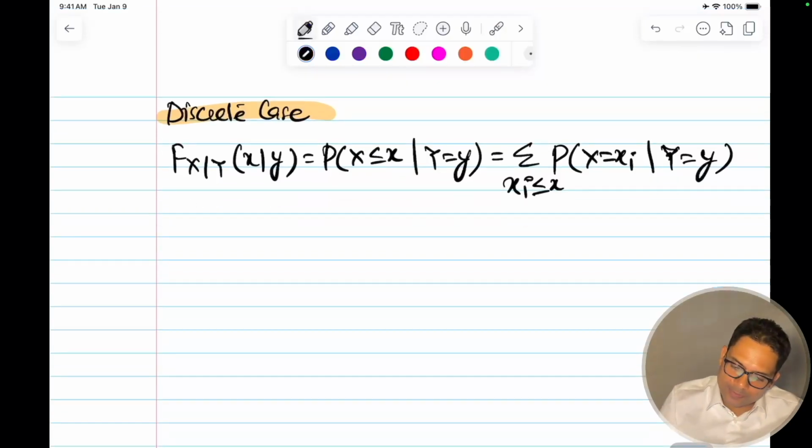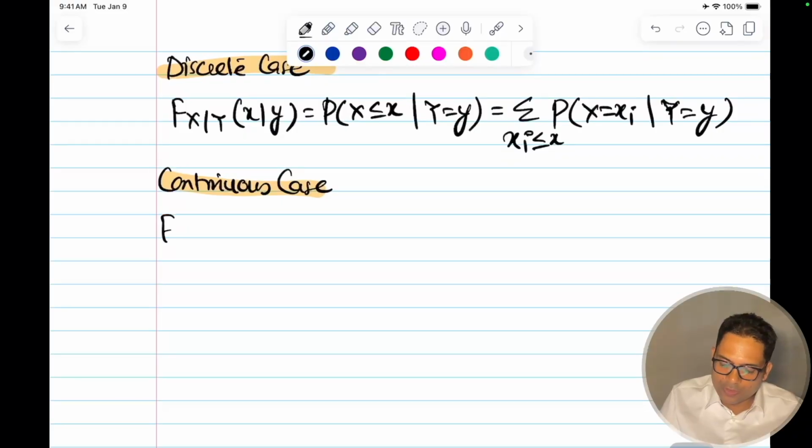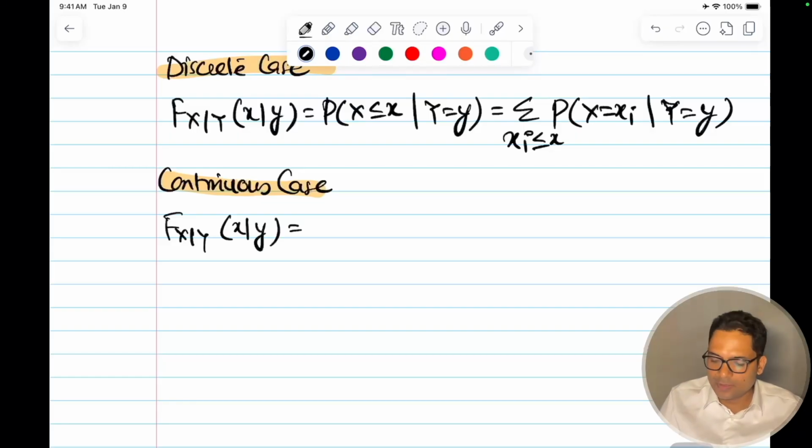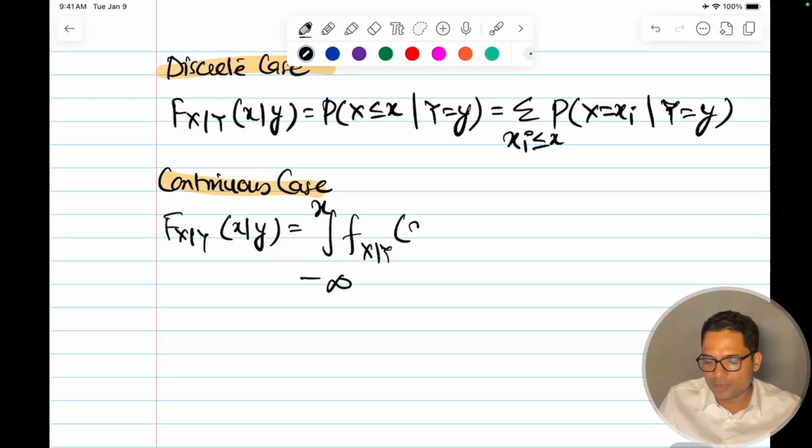Similarly for the continuous case, we have new information, and in the light of the new information we have to update our probability. So this will be the integral from minus infinity to x of f of x given y, this is my PDF, integrated over dx.